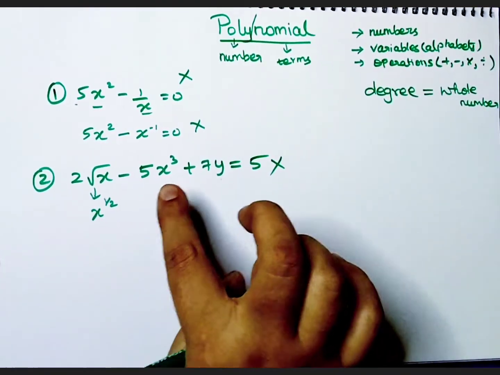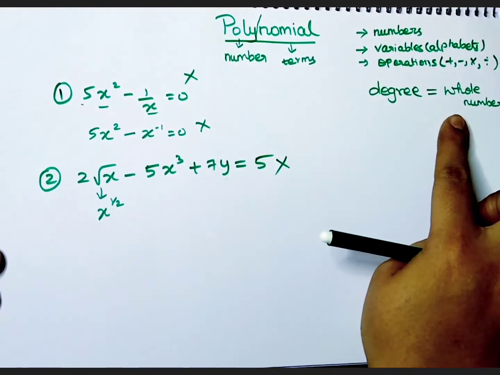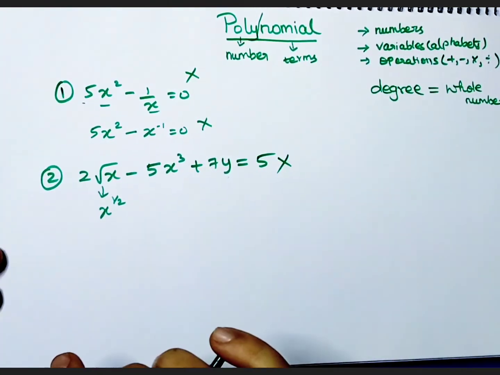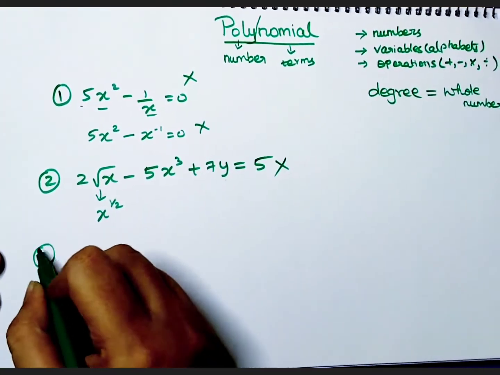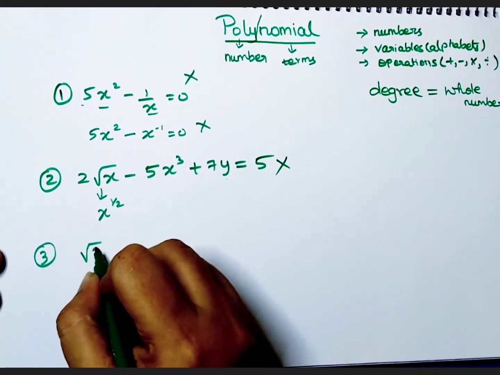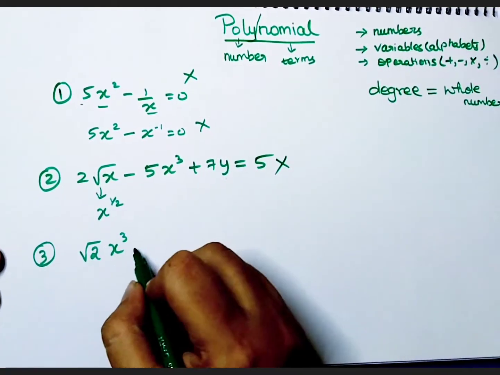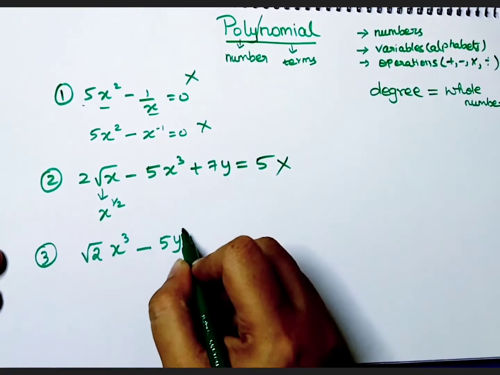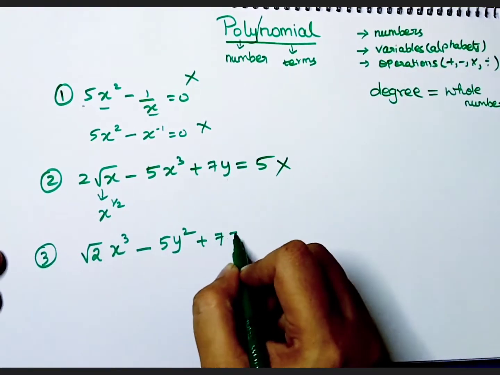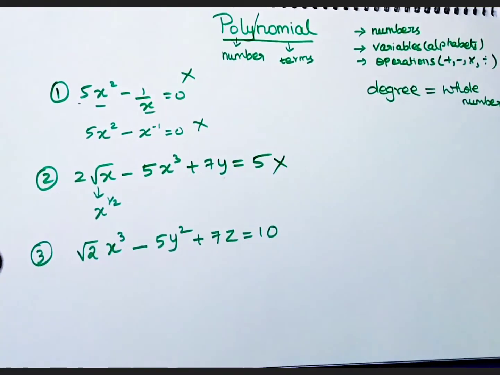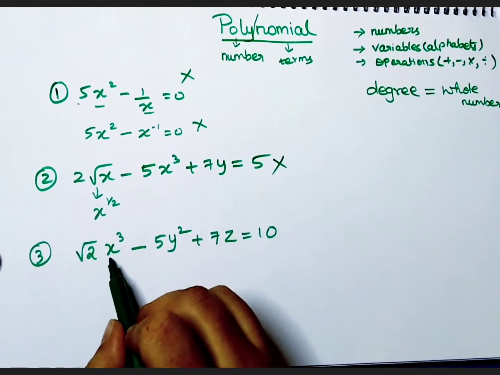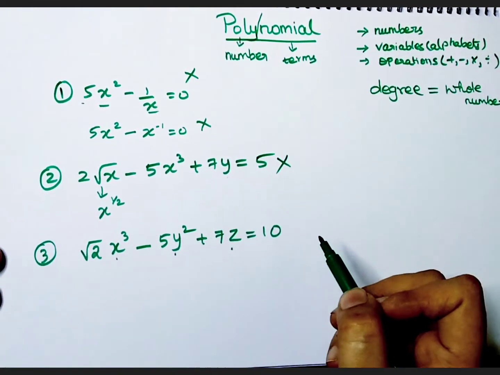So this also cannot be a polynomial. Basically, the power should be a whole number, a positive number. Okay, so as an example of a polynomial, we can take root 2 into x cube minus 5y square plus 7z equal to 10. Here we have the variables x, y, z, the alphabets.